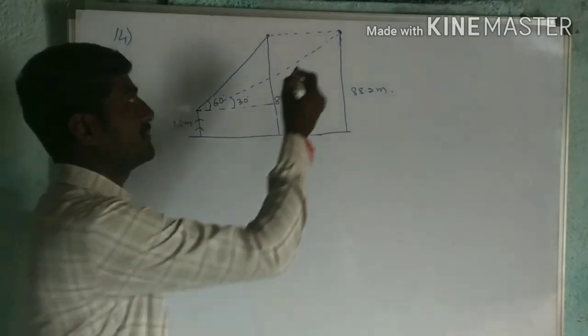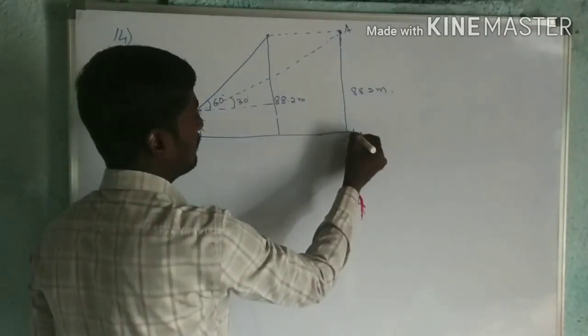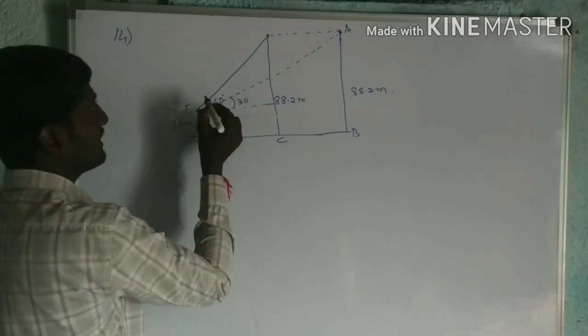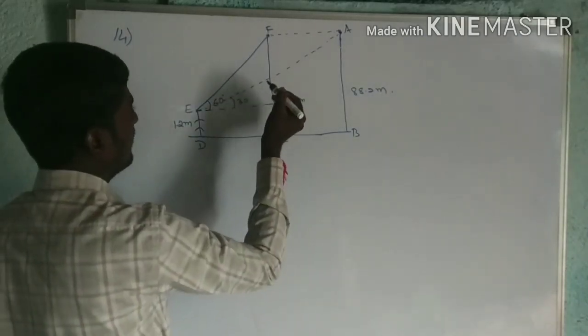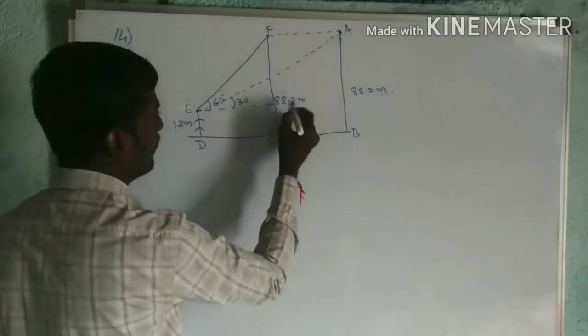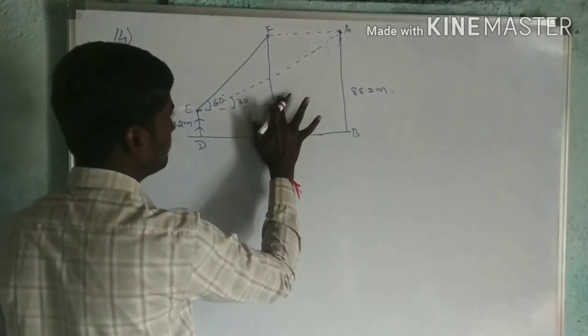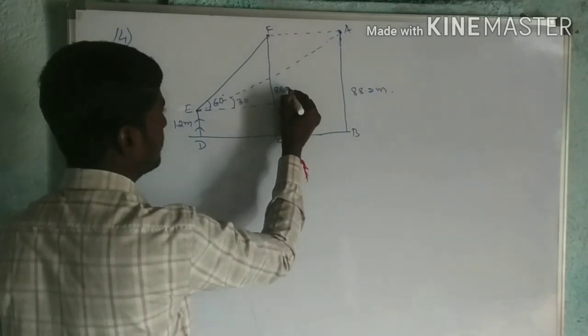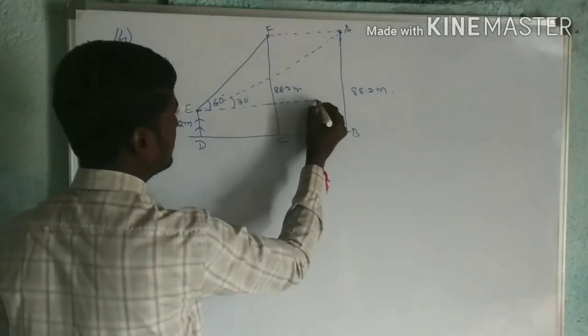Let us name the diagram first. A, B, C, D, and this as E, F, and then now I will extend this. This is 88.2 meter. I will extend it.